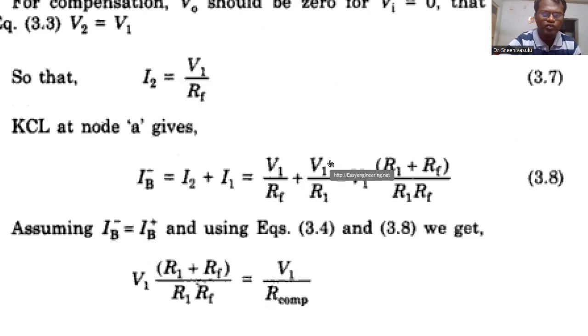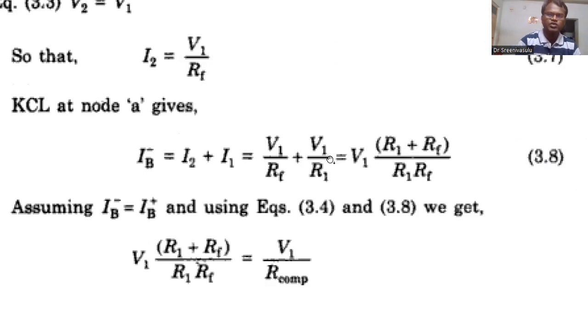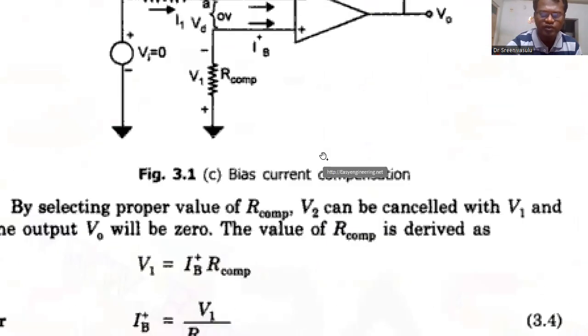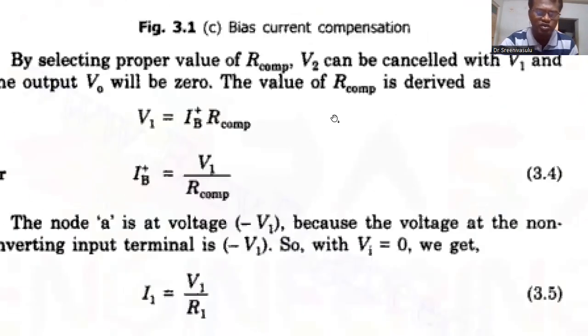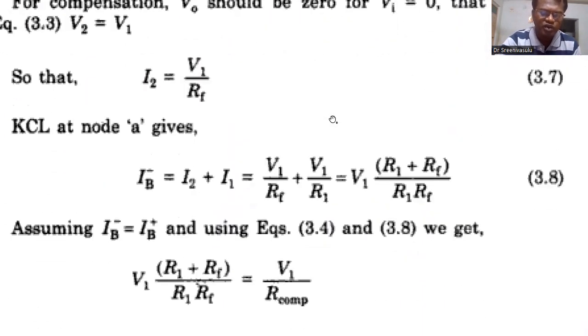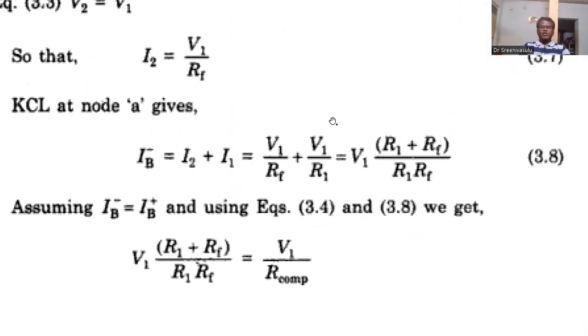Now, if you write KCL at node A, IB minus is equal to I2 plus I1. Here I1 and I2 are the currents entering and IB minus is leaving. So IB minus is equal to V1 by RF plus V1 by R1.